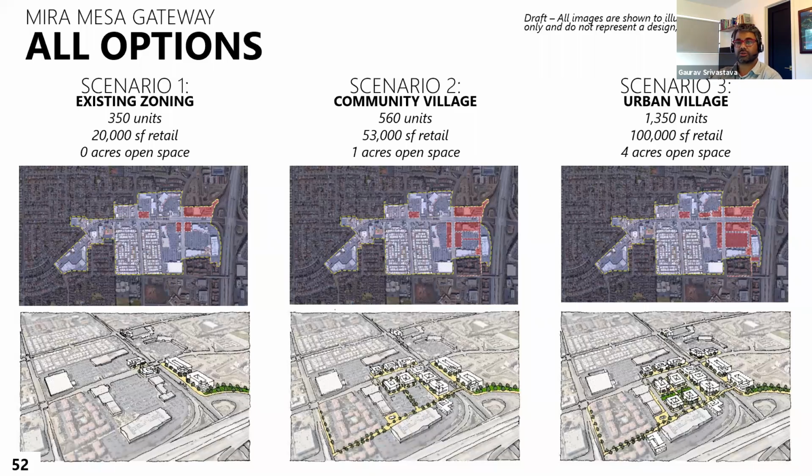Scenario 2 and Scenario 3 go beyond existing zoning and would require new developments to provide amenities and therefore show expanded footprints, with Scenario 3 showing the largest area of intervention. Both Scenario 2 and Scenario 3 make a deliberate effort to maximize connections to transit to help serve the future residents of this hypothetical development.